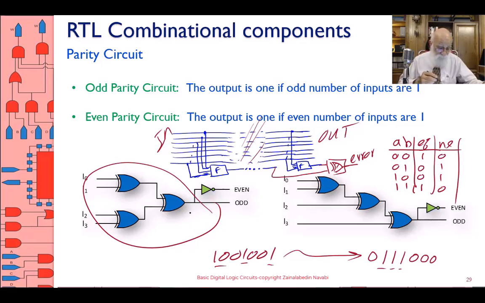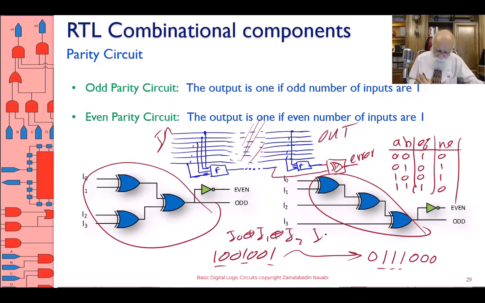Well, look what I have here. For a 4-input case, I have I0, I1, I2, I3. This is one way of XORing it. And then this is another way of XORing it. The one on the left is preferable. Why? Because they both do the same exact thing. They both form I0 XOR I1 XOR I2 XOR I3.